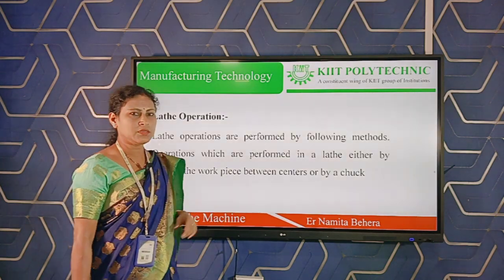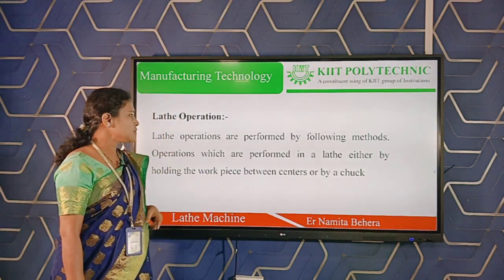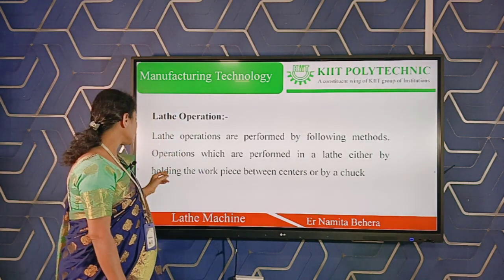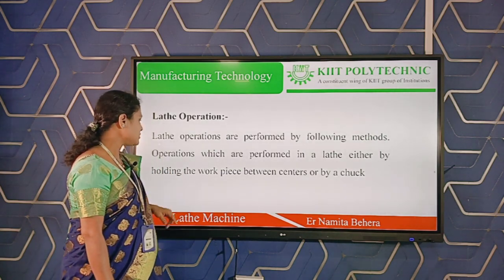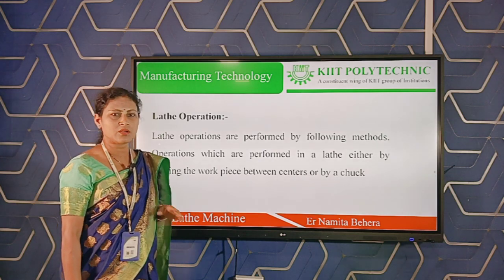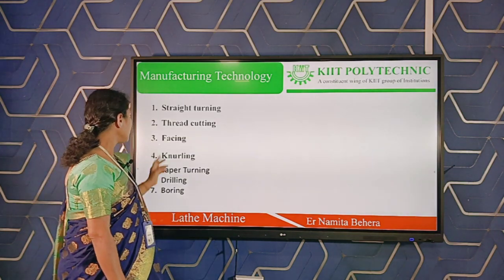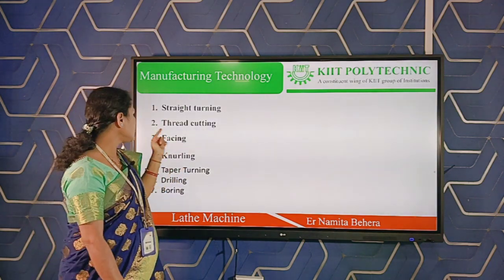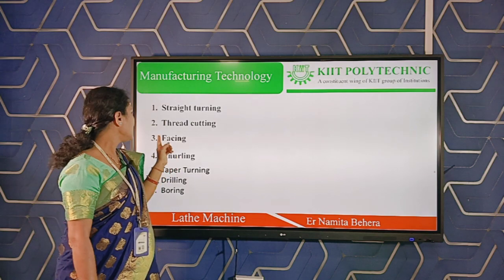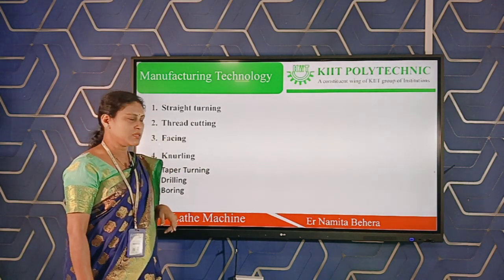Then what are the operations required in a lathe? The lathe operations are performed by the following methods. Operations which are performed in a lathe are done either by holding the workpiece between the centers or by the jaws. Different operations are facing, straight turning, knurling, taper turning, thread cutting, drilling, and boring.